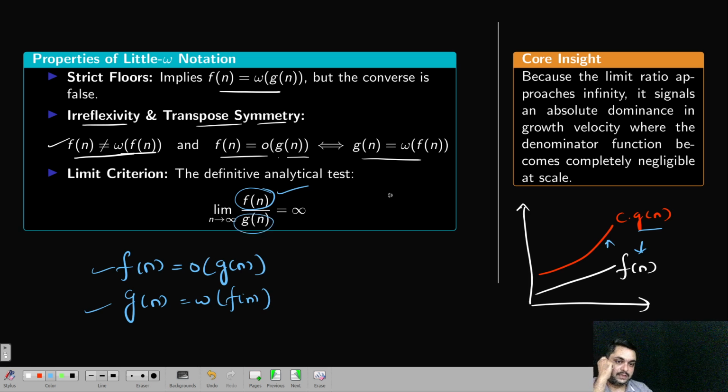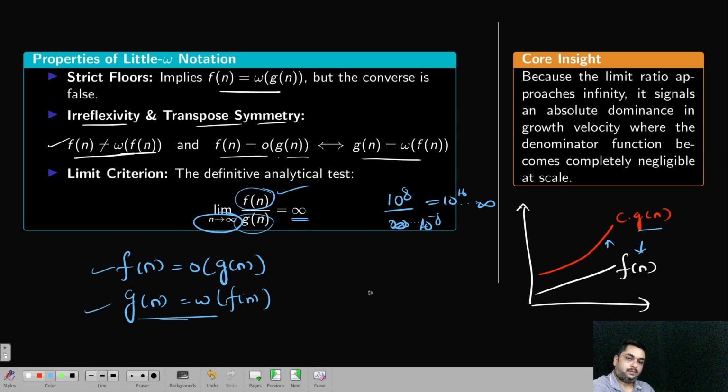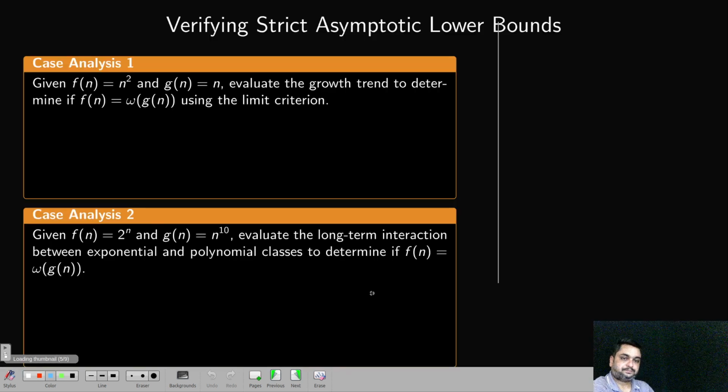It is as good as saying 10 power 8 divided by, for example, 0.0001, that is 10 power minus 8, so this is 10 power 16. It will be a very big number, so it approaches infinity as input size approaches infinity. So you have to check that the limit of f(n) divided by g(n) approaches infinity. Then you can write little omega.